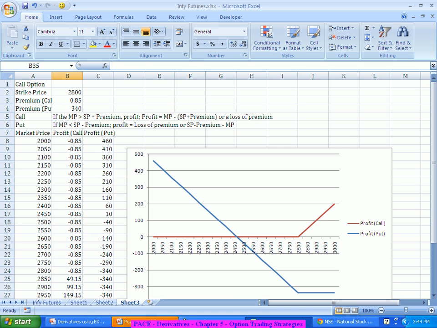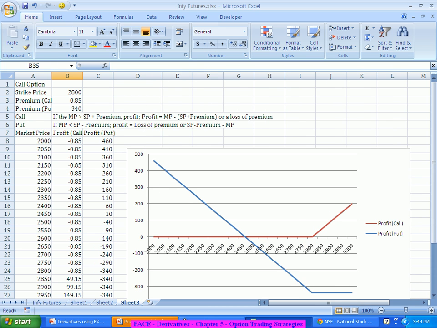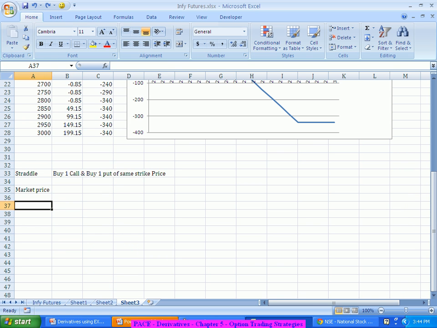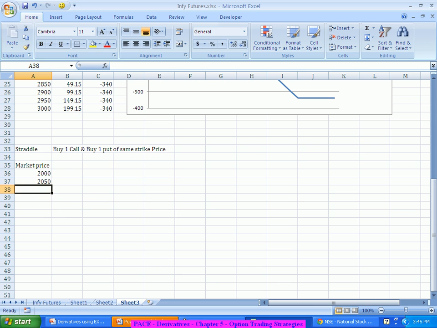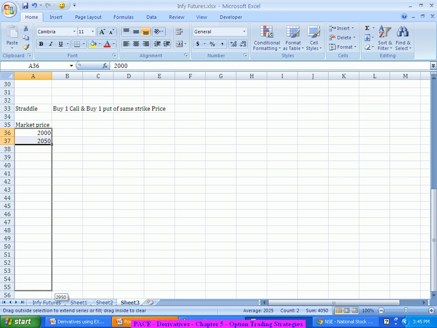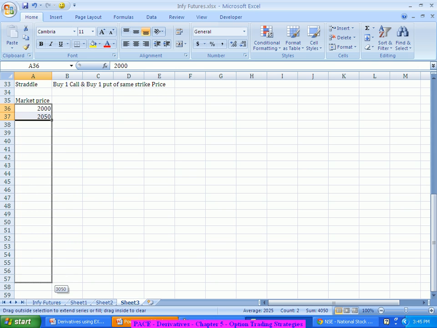So let's add it up here itself, and we'll take it again from 2050. Because this is the same strike price, I can use the above one itself.